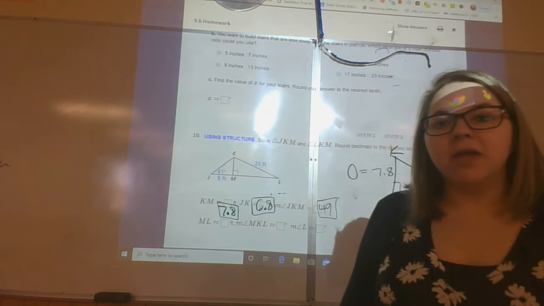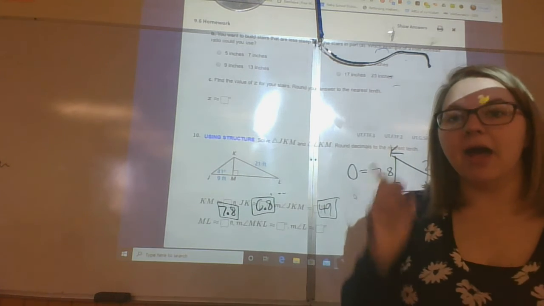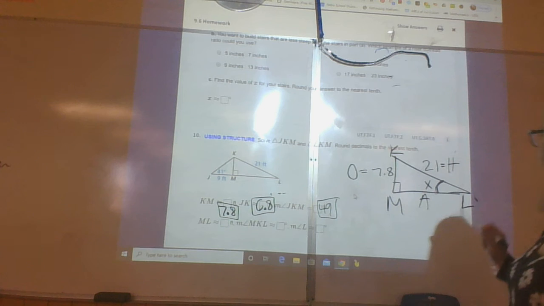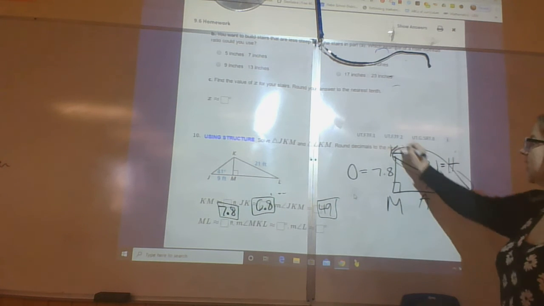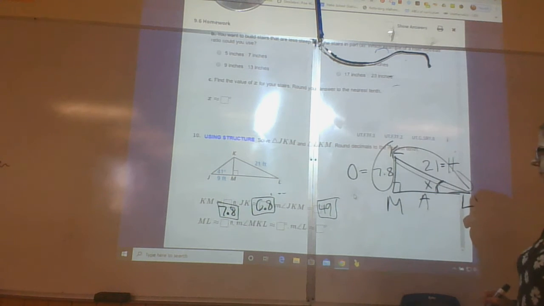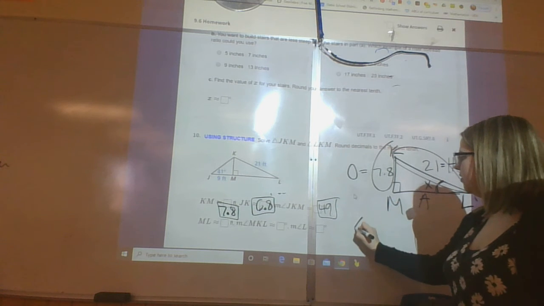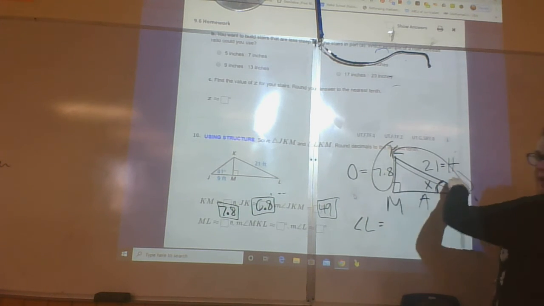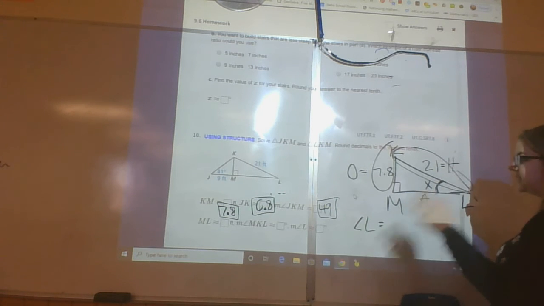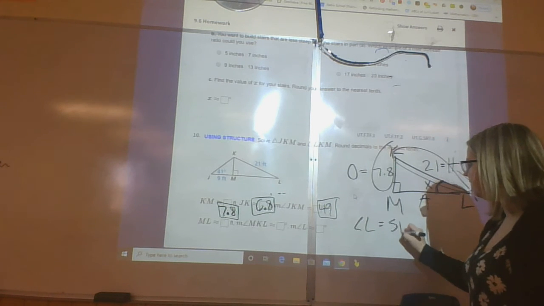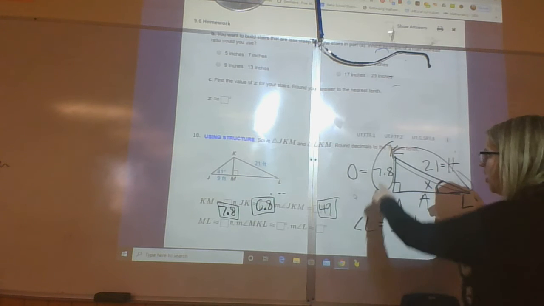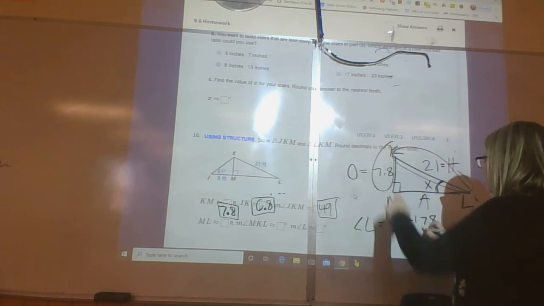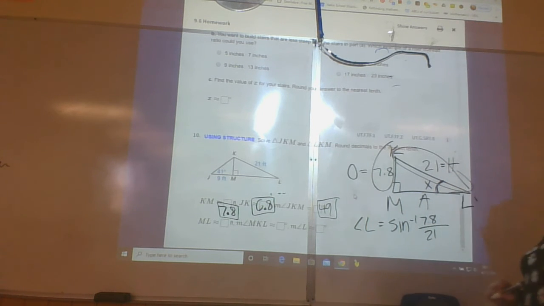Well, to find my angle, I want to use the two sides that have a number. So this side has a number, and this side has a number. Okay, so to find my angle L, it equals what has opposite and hypotenuse? Well, that's sine. So I'm going to use my sine inverse of opposite 7.8 over 21.